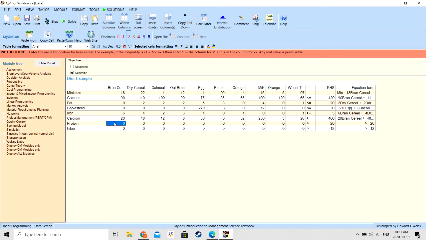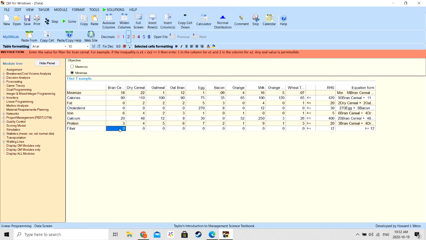Protein. Nope. One small mistake. And in our final section, fiber.